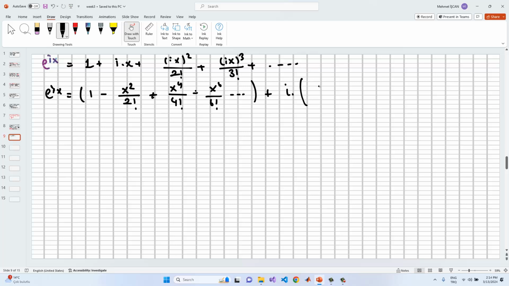And so we have also x over 1 factorial minus x^3 over 3 factorial plus x^5 over 5 factorial minus x^7 over 7 factorial, and so on. Okay, this is the projection of the real axis.